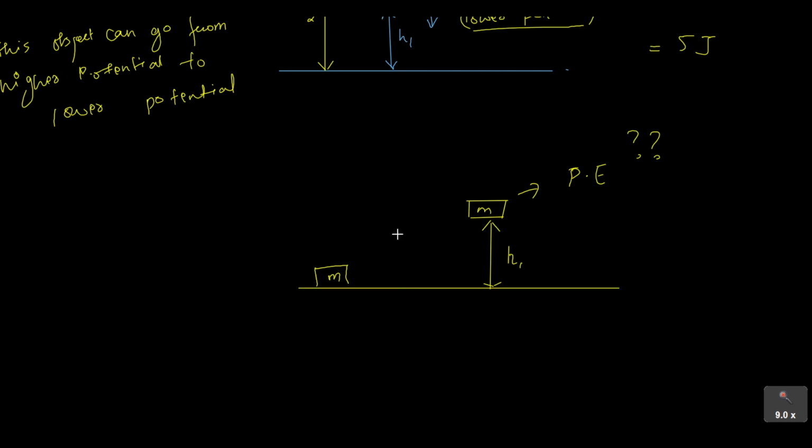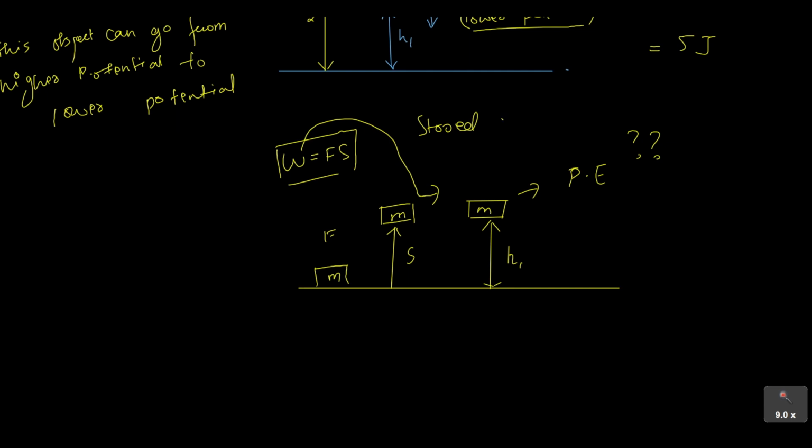Someone applied some force, and then there was some displacement so that the mass reaches this height. So basically work was done, force and displacement. This work is stored in the form of potential energy.